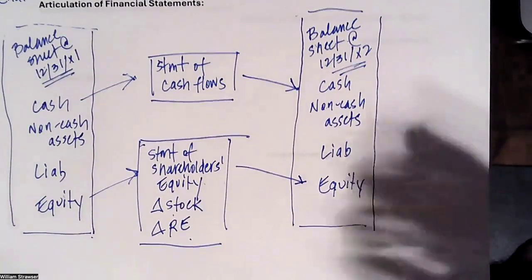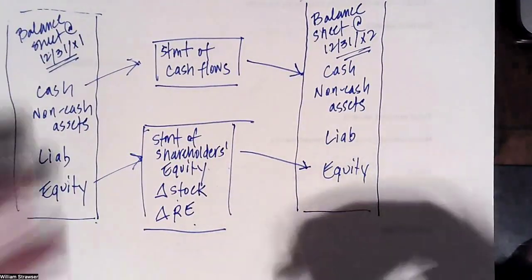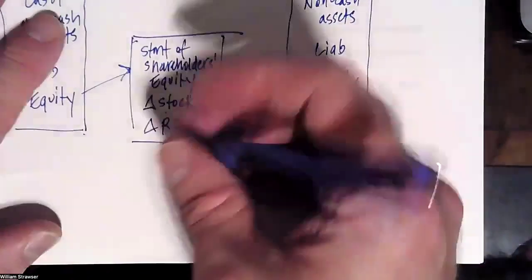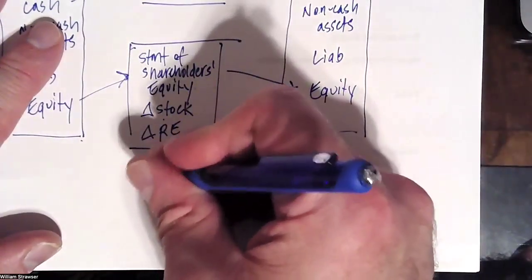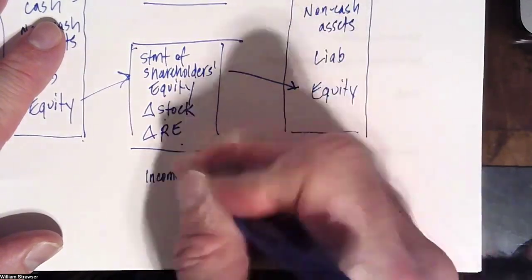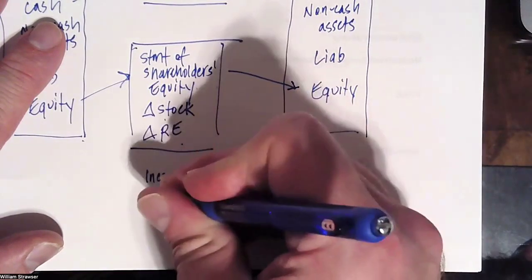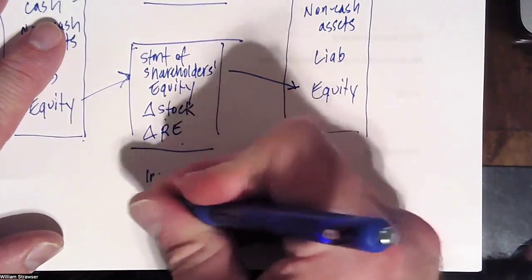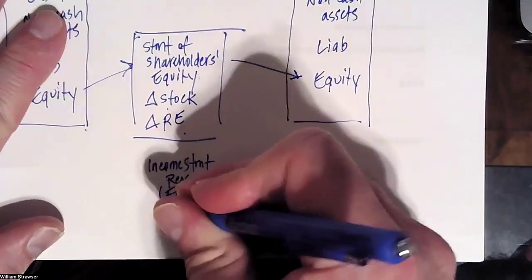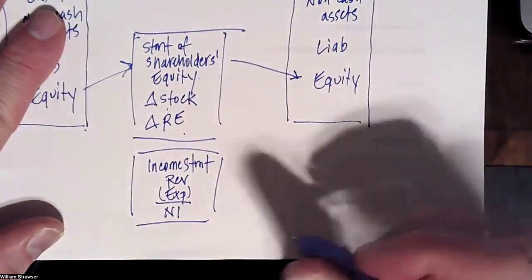Now, the final financial statement, ironically, the one that we begin with, is the income statement. And that tells me about all of the revenues and the expenses that the company recognized during the period. We take those revenues, we subtract off expenses, and we get our net income for the accounting period.